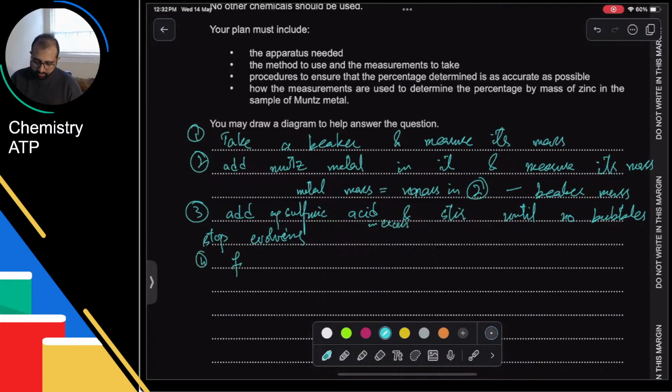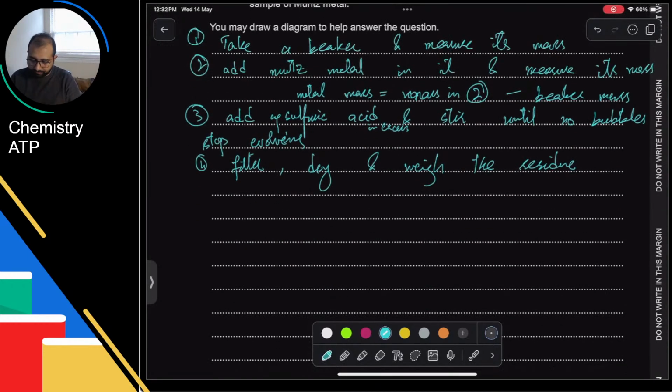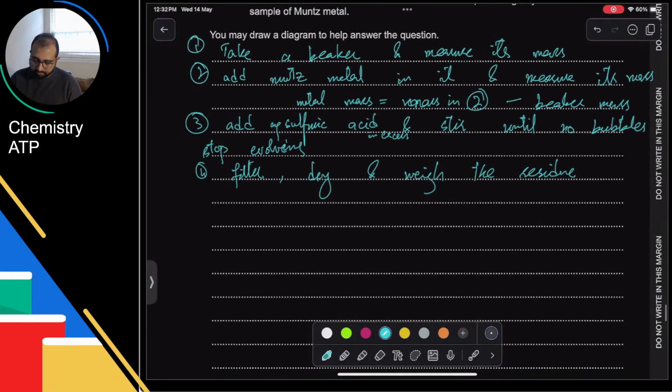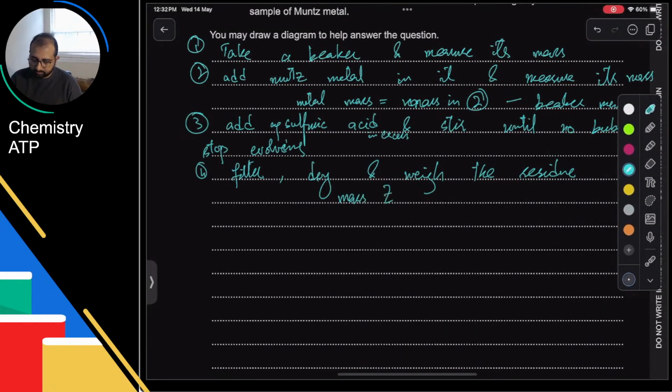Number 4, filter, dry, and weigh the residue. Okay, so now the mass of zinc is gonna be metal mass minus mass in 4.